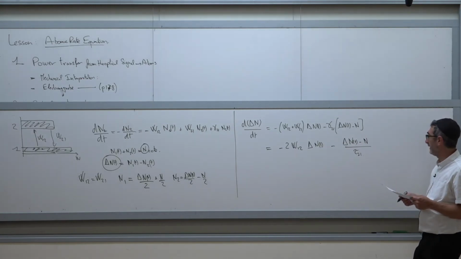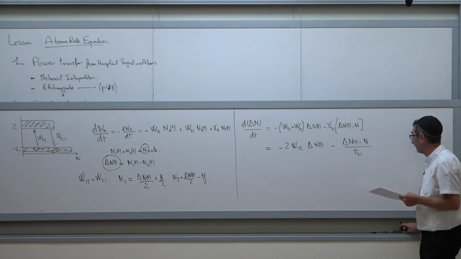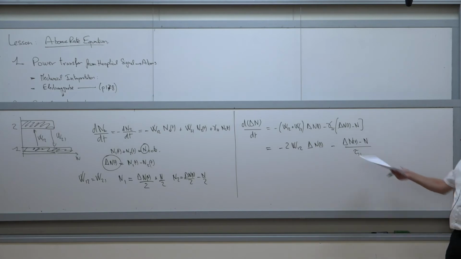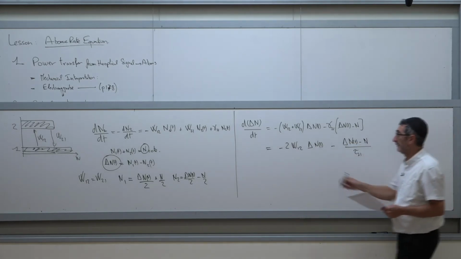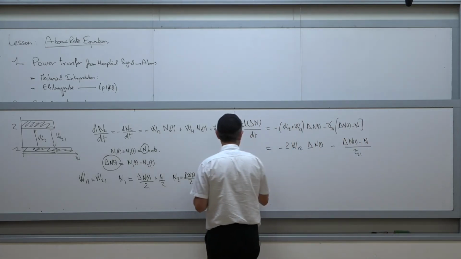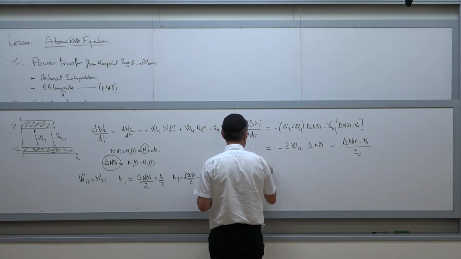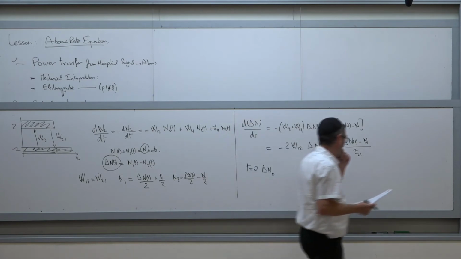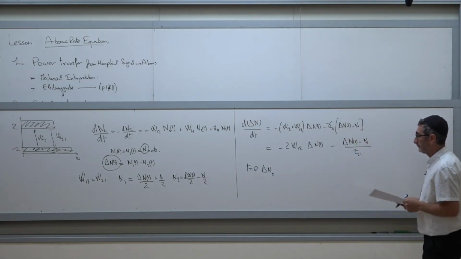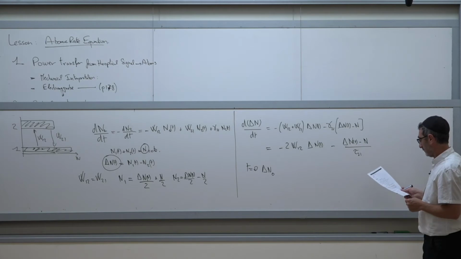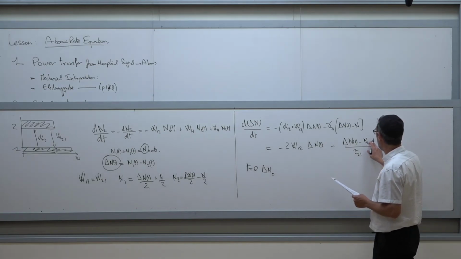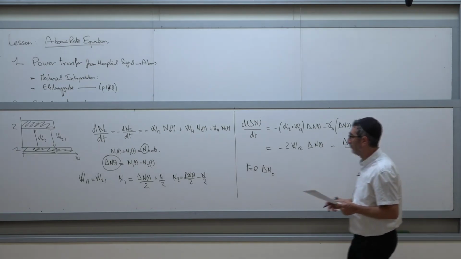So why do I write it like that? Let's assume that, so this is the differential equation for delta N. Let's say that at time t equals 0, delta N is delta N0. And actually delta N0 is quite close to N itself.